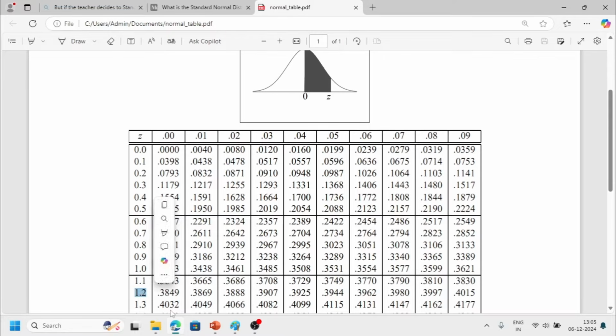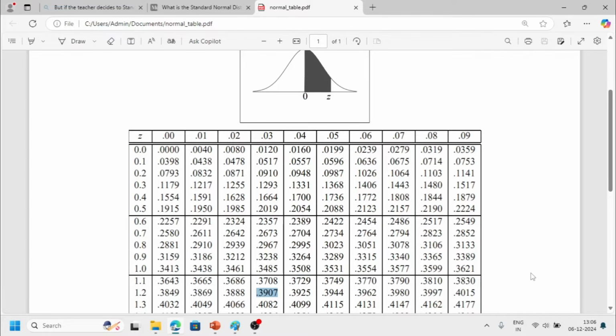Here is z equal to 1.2. But we want z equal to 1.23. So that 0.03 which is missing over here, we will look for in this first row. So here is 0.03 and their intersection is over here. So this value indicates the area from z equal to 0 to z equal to 1.23. It is 0.3907. I hope you understood how to read this standard normal distribution table.